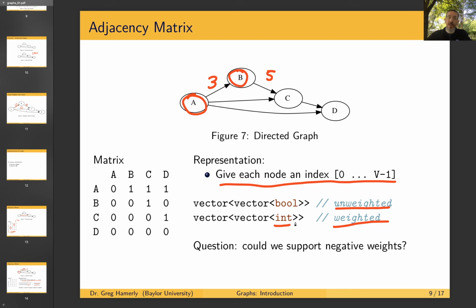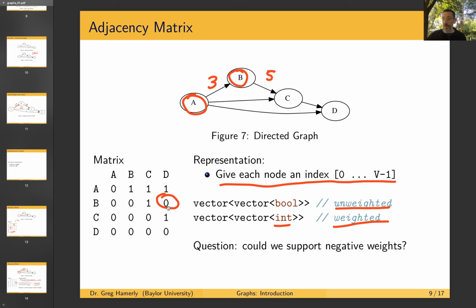For example, up here, we have no edge that goes directly from B to D. How do we indicate that in our matrix? Well, when we have a Boolean representation, then we just notate that with a 0 here. But if we were using an integer representation for a weighted graph, if we put a 0 there, does that mean no edge? Or does that mean an edge with a cost of 0?